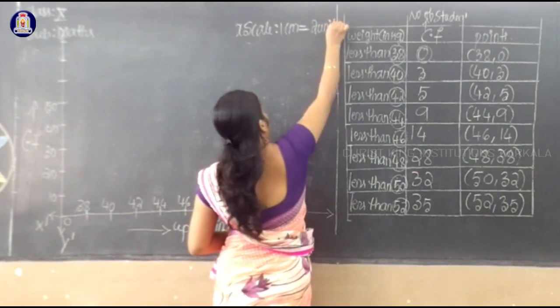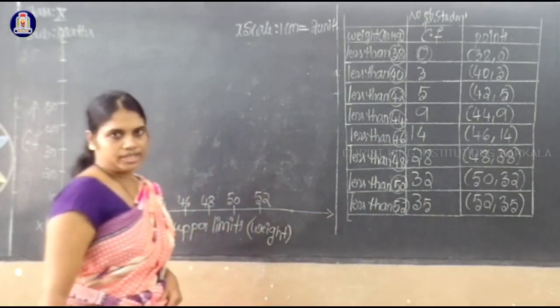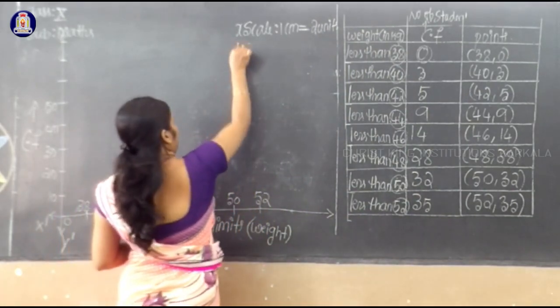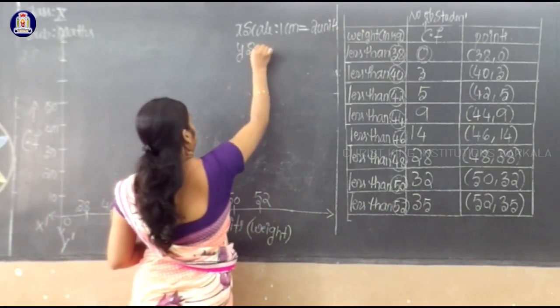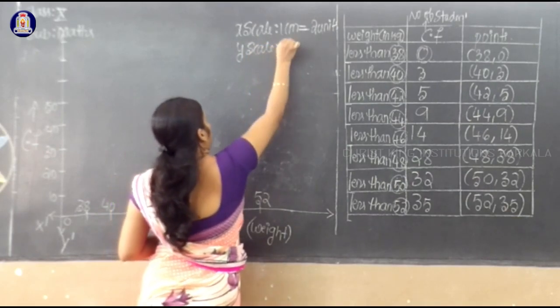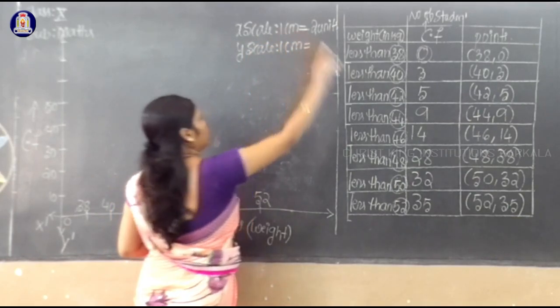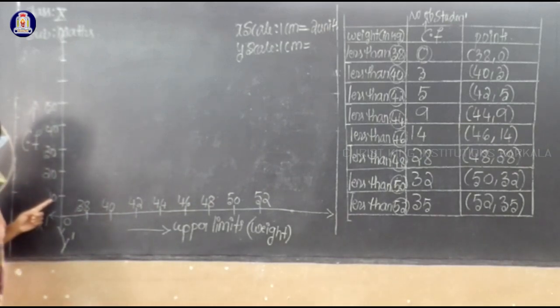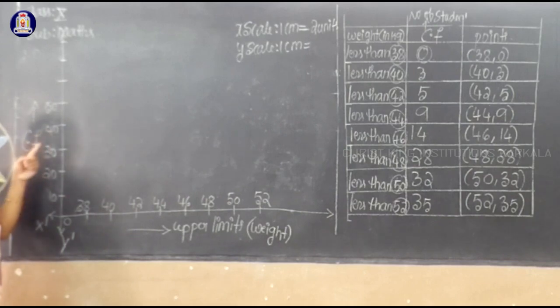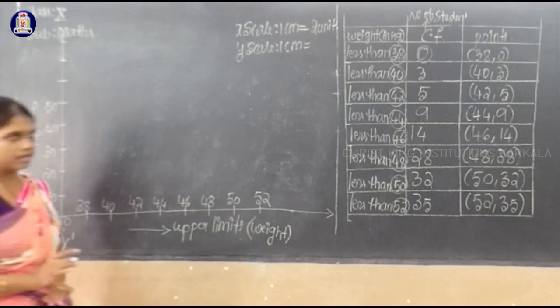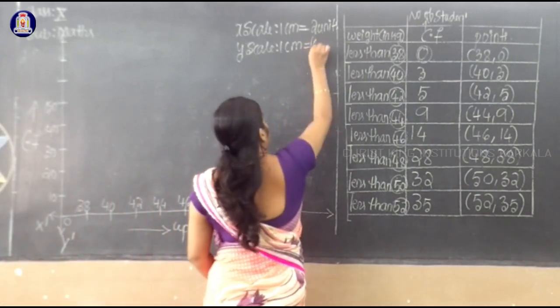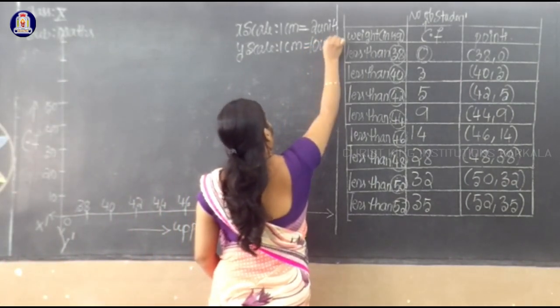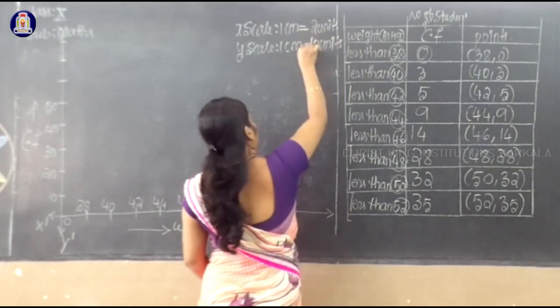Next y scale. 1 centimeter is equal to how many units? See here, 20 minus 10, 10. 30 minus 20, 10. 40 minus 30, 10. 50 minus 40, 10. So therefore it is 10 units.